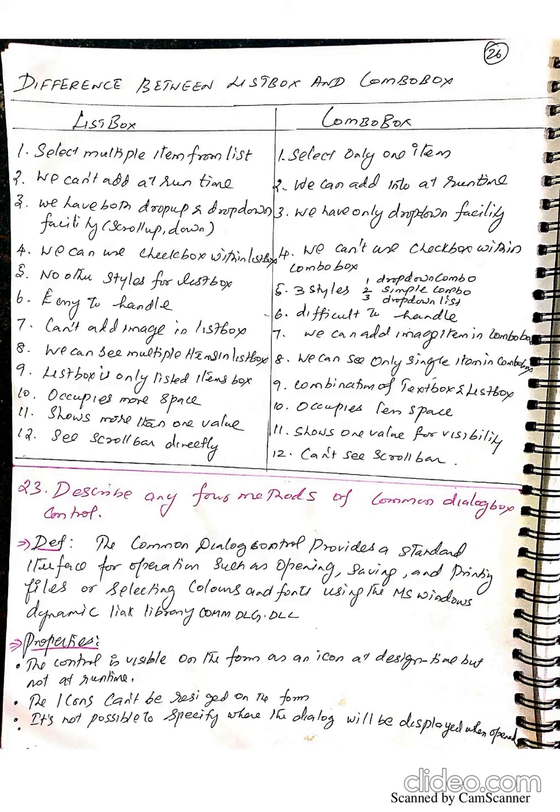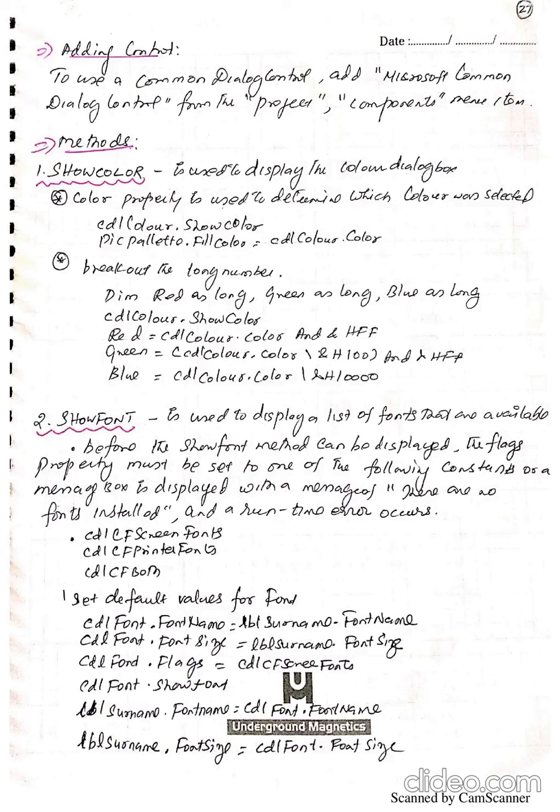Adding the control: to use a common control, add Microsoft Common Dialog Control from the project components. Methods. ShowColor is used to display the common color dialog box. The Color property is used to determine which color is selected, returned as a long number.